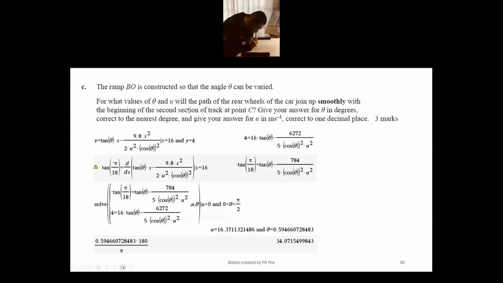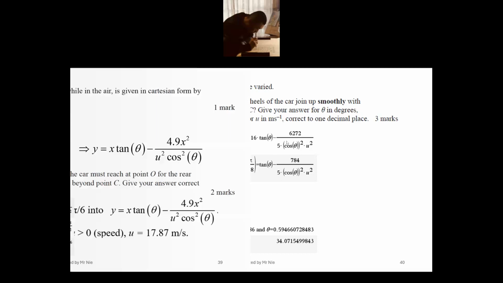Part C, I think ClassPad users will be having a bit of trouble here. What I would say is, if the rear wheel of the car joins up smoothly with the beginning of the second section of the track at point C, that means first you need to sub in x and y, 16 and 4, into the equation.